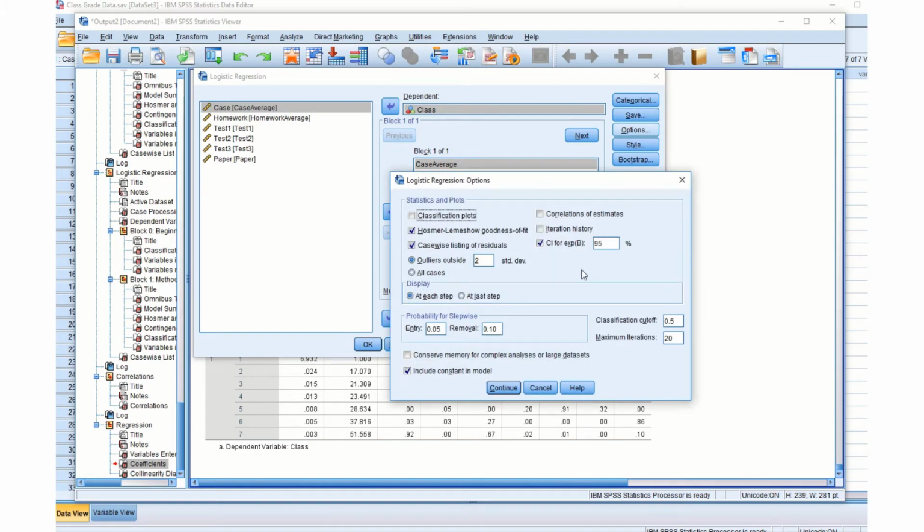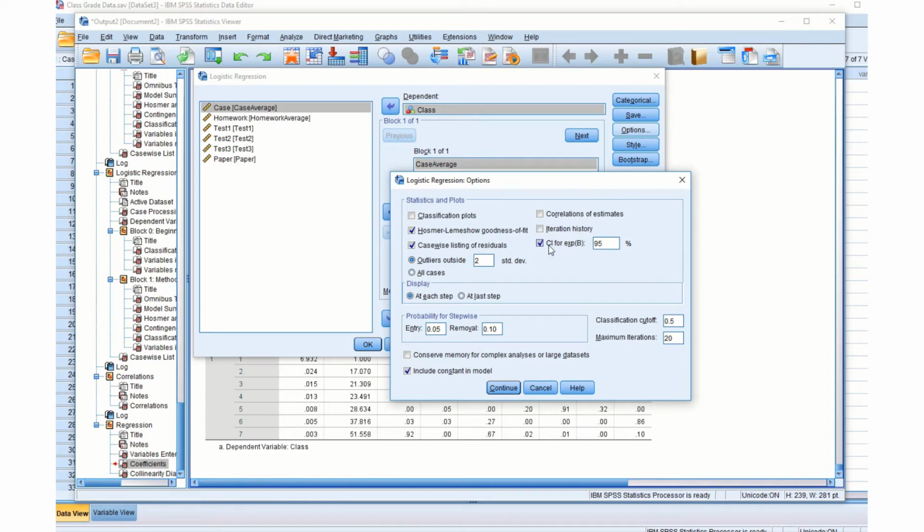Now under options, a couple of things. The Hosmer-Lemeshow goodness of fit is a reportable figure, so we want that. We have an opportunity here to look at outliers. If you have not examined outliers already, here's a chance to specify those, and the default is 2 standard deviations.